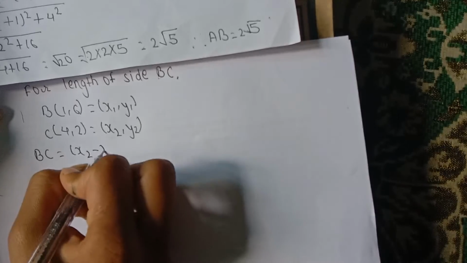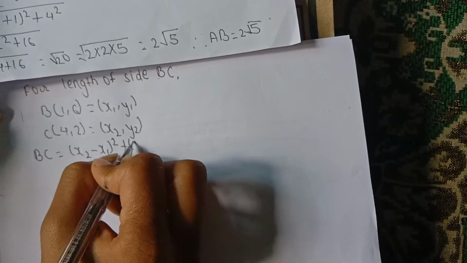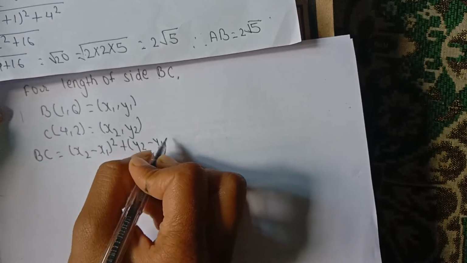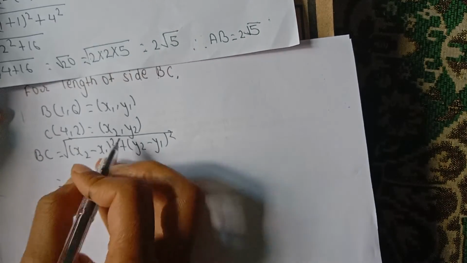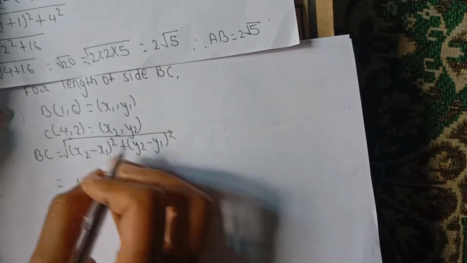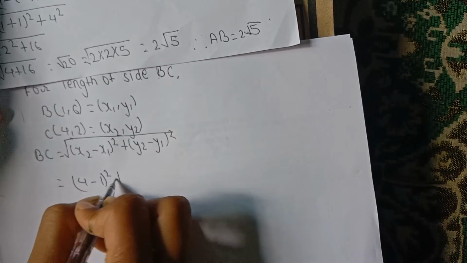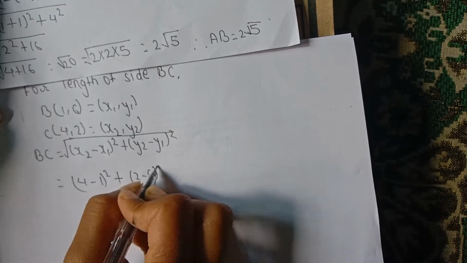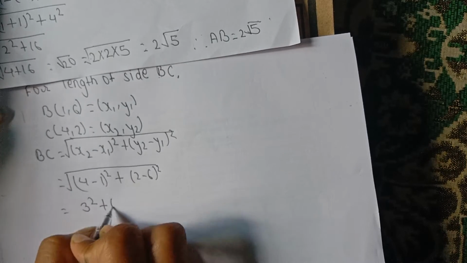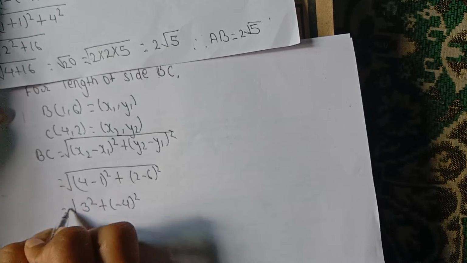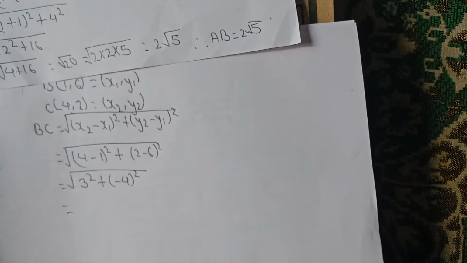We have to write the distance formula. This is the distance formula, and our x2 is 4, x1 is 1. We have to just simplify it.